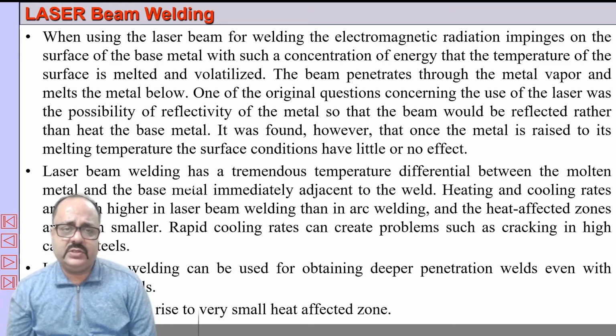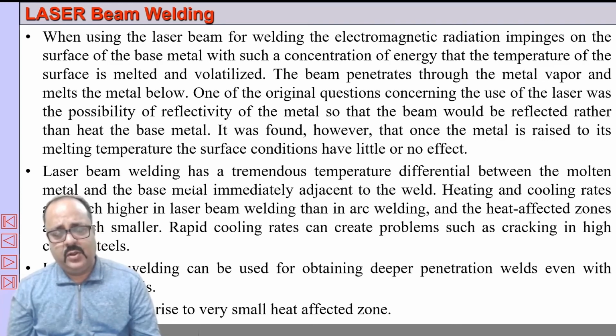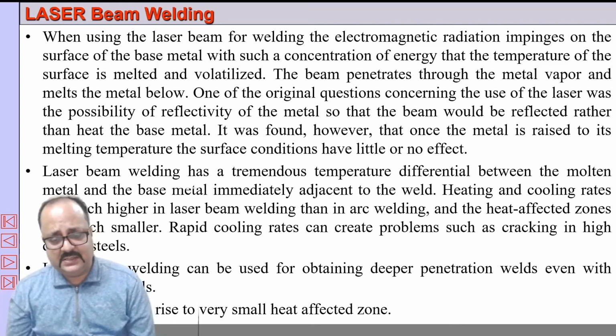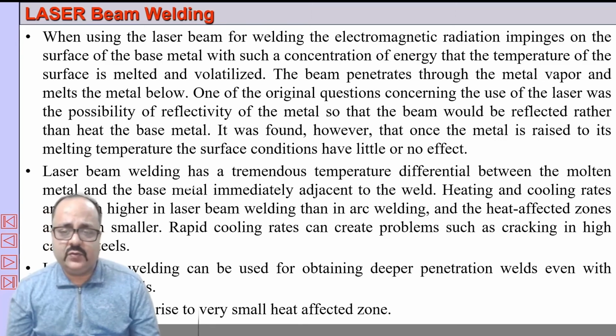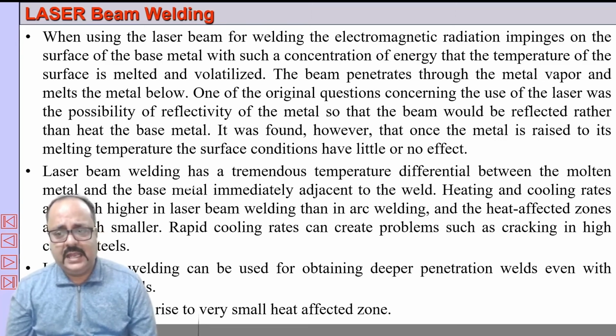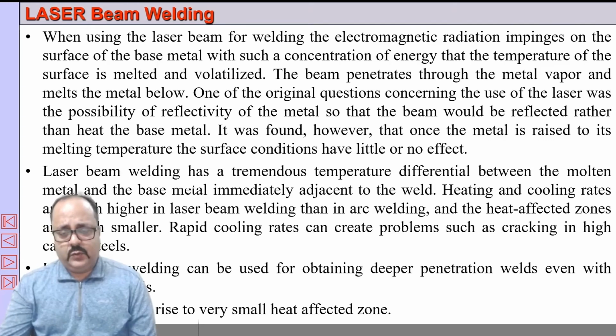The heat produced is also less, but the power density is very high, so we obtain deep penetration and very narrow welds. Also the cooling rate is very high in laser, just like in electron beam welding, and that may sometimes lead to cracking in high carbon steel. That is common to both electron beam welding and laser beam welding.